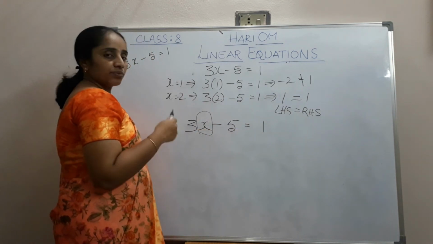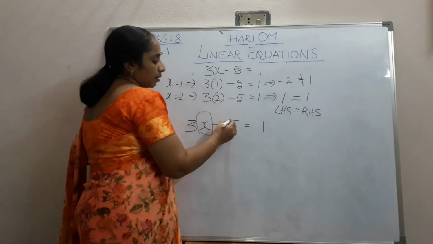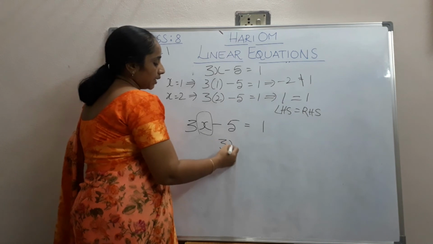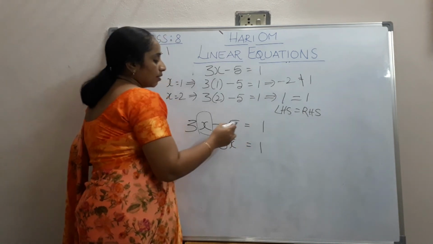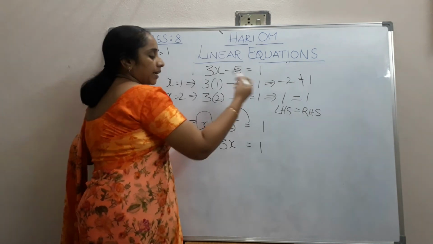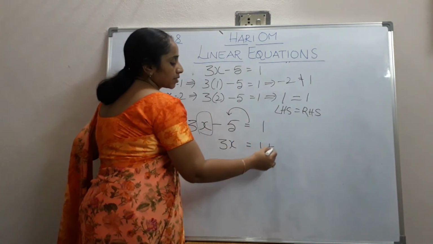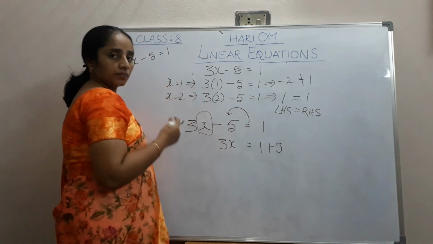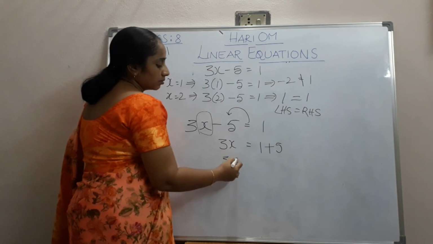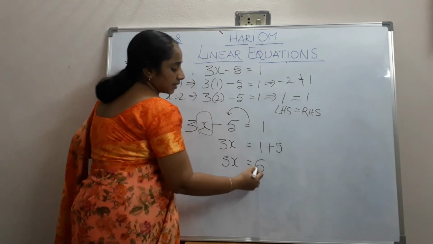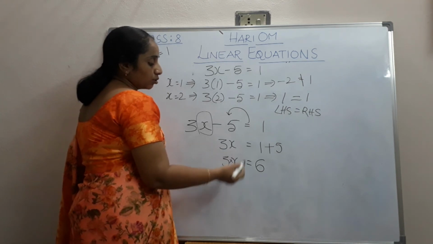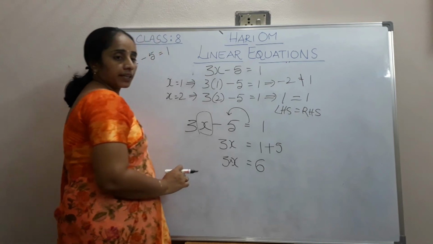For that, first I am taking the constant term to that side. So 3x is equal to 1. In this equation, on the left side it is minus 5, it becomes plus 5 on the right side. Now 3x is equal to 1 plus 5, it is 6. 3x means 3 into x.